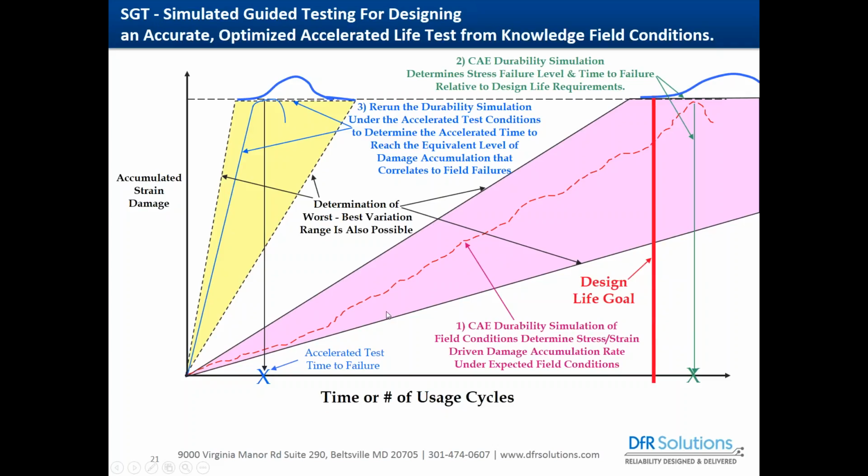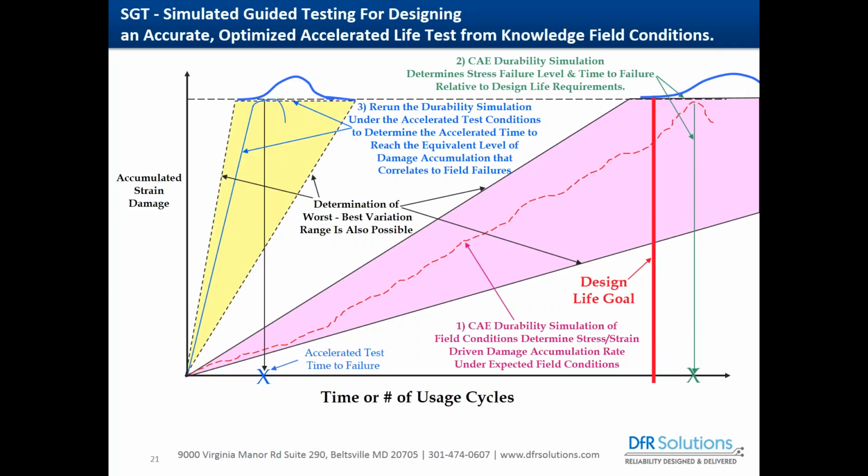And this gives us this irregular curve of damage accumulation until we reach the point where the damage has built to where failures are occurring. Now, of course, there will be a variation built around that from component to component.